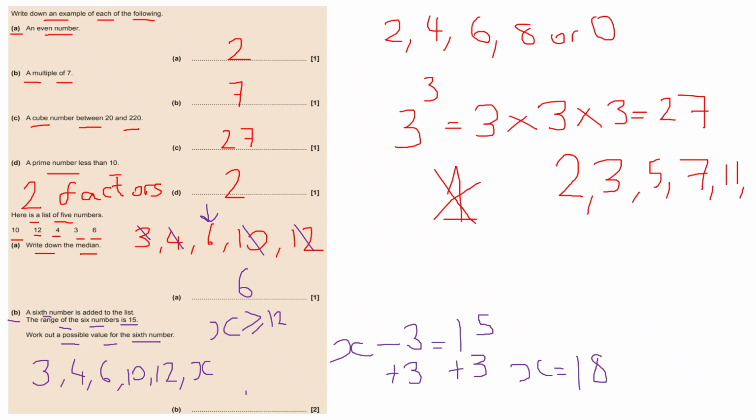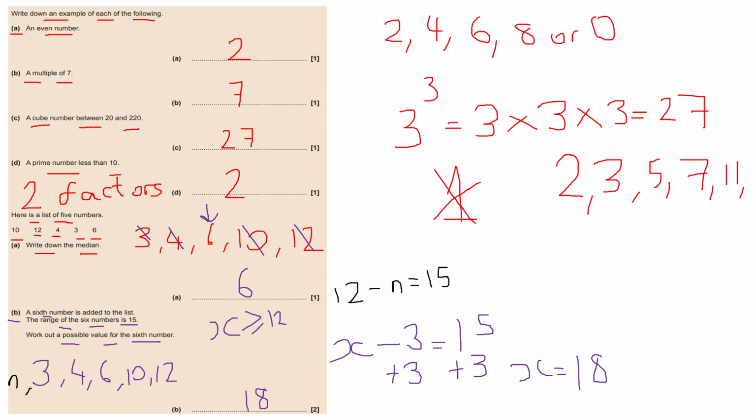Now you might be thinking, why is it saying a possible value? Because also the number can appear at the start of the list. So I can call it n. So I would do 12 minus n is equal to 15.